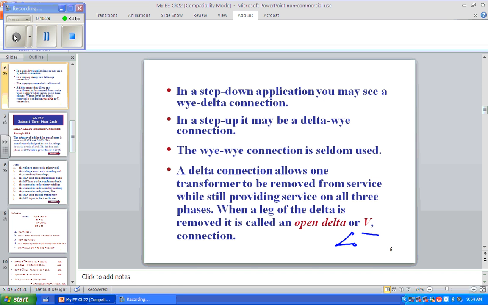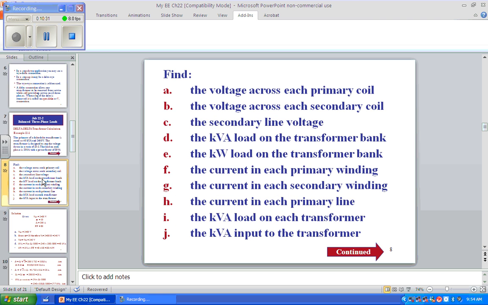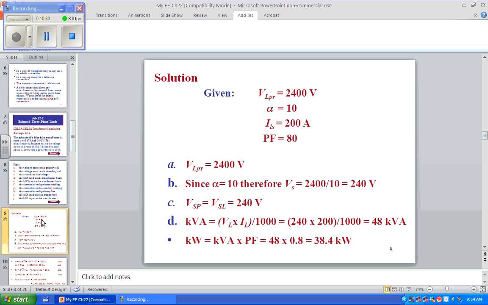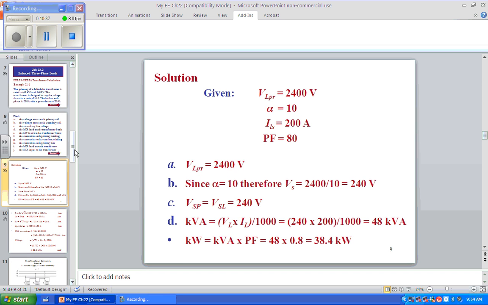Okay, so let's go back down to our calculations we were going to do. I believe we were doing this one right here. And we had to look up what Singer is talking about with this alpha, and that apparently is the ratio. So since the ratio is 10, that means it must be a 10 to 1.